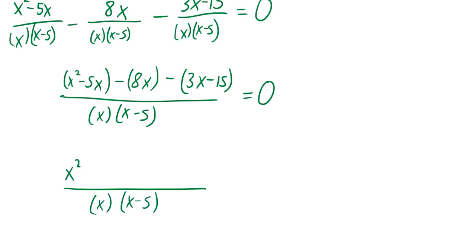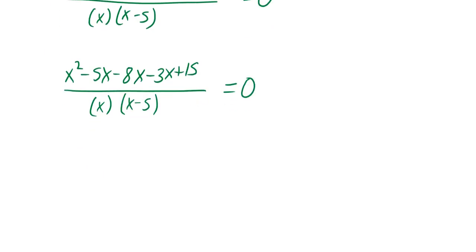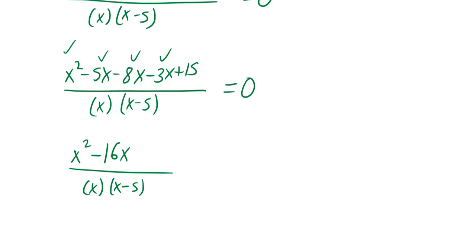That makes x squared minus 5x minus 8x minus 3x plus 15. When I combine like terms, I have x squared minus 16x plus 15.